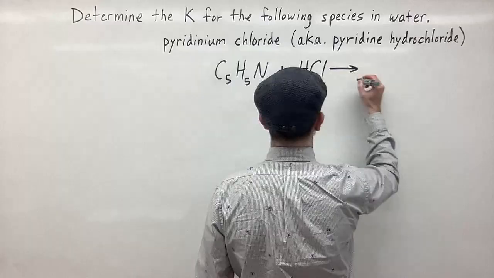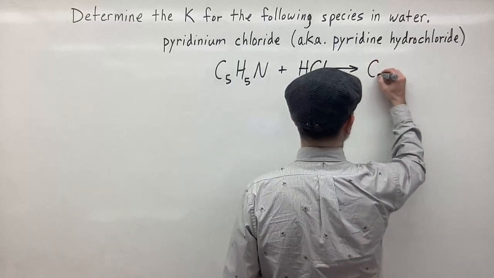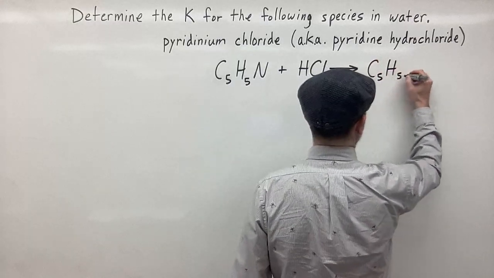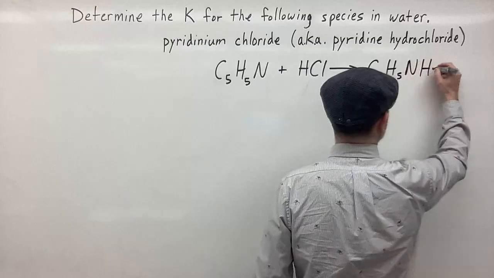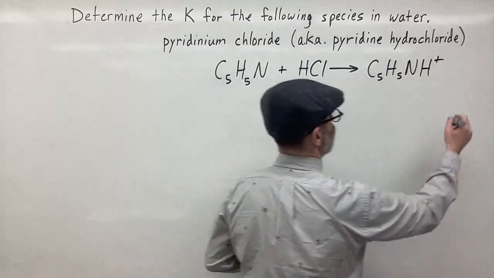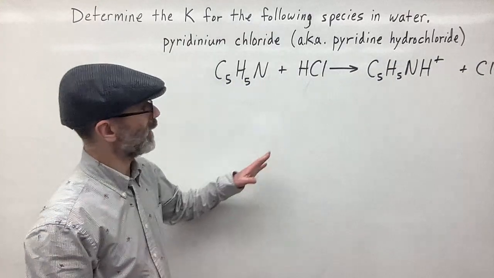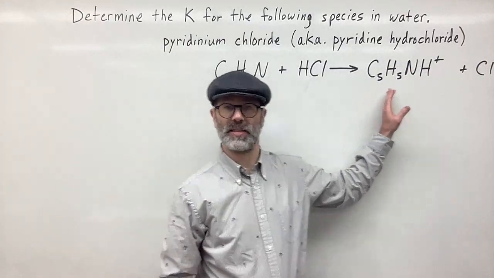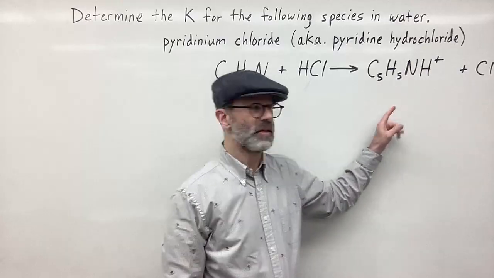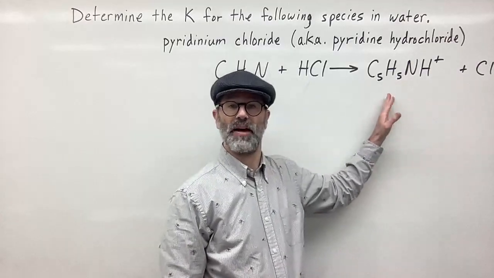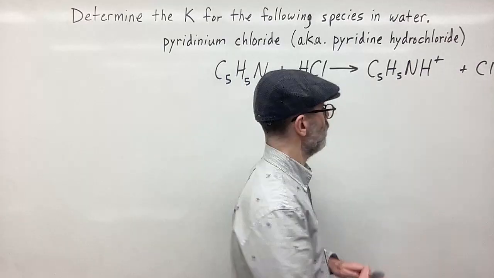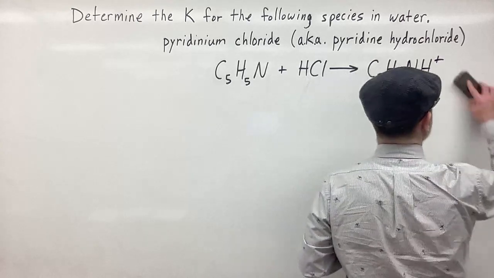So here it's going to become C5H5NH+, and then you've got the chloride ion left behind, so you have your positive ion and your negative ion.